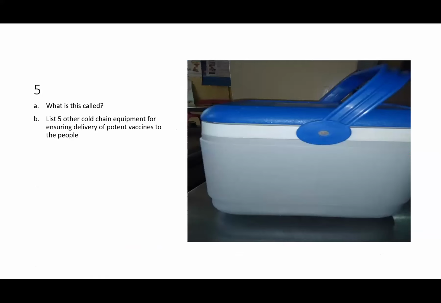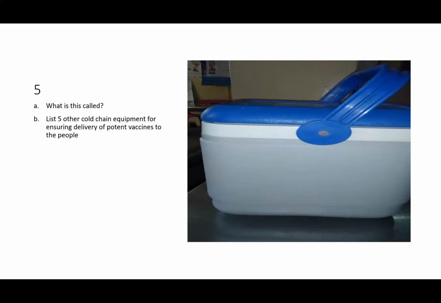Now, these are some kind of images you see in the exams that cause dilemma. Don't say food flask. You see a cooler, you start saying food flask. What is this? Then the other question. The reason why sometimes these questions are difficult is because they are multiple choice questions.